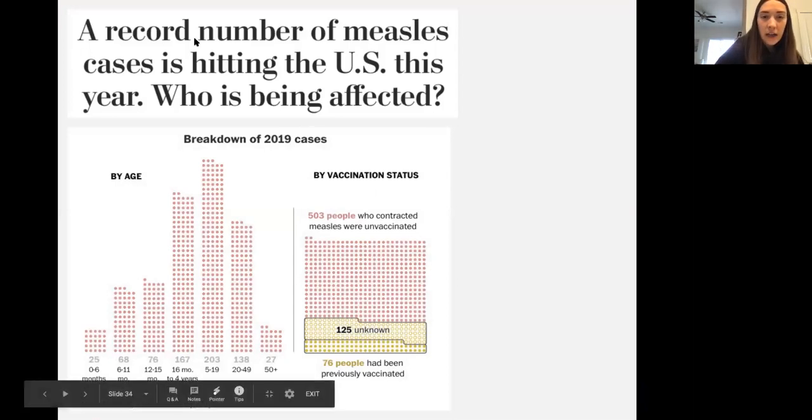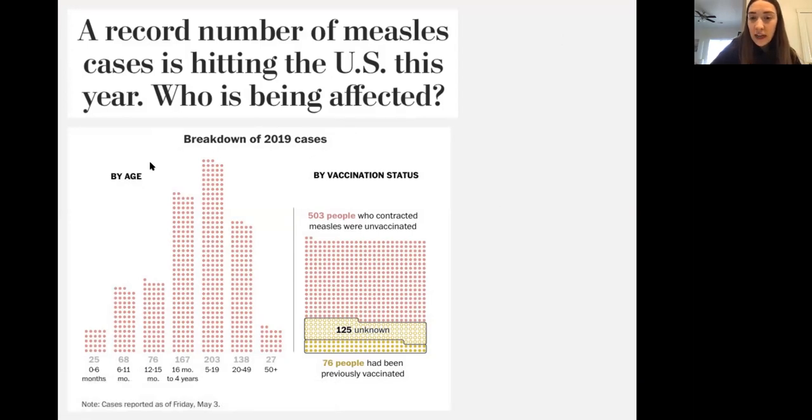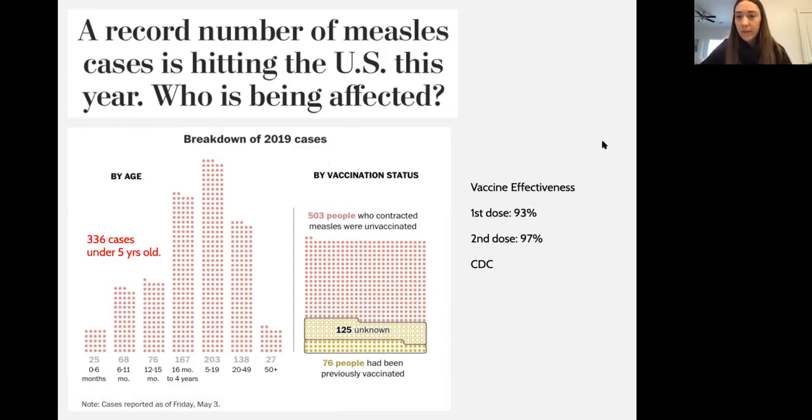This slide shows that in 2019, we had very few measles cases because we have a really good vaccine for measles that most babies get. So yeah, the vaccine effectiveness is 97% effective after the second dose, which is awesome.